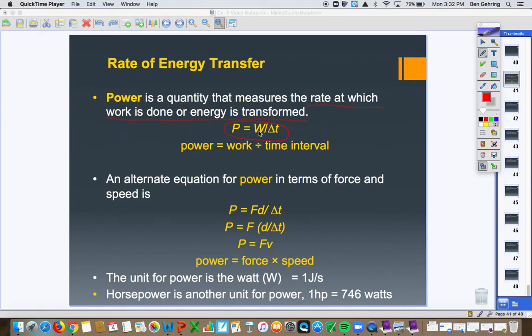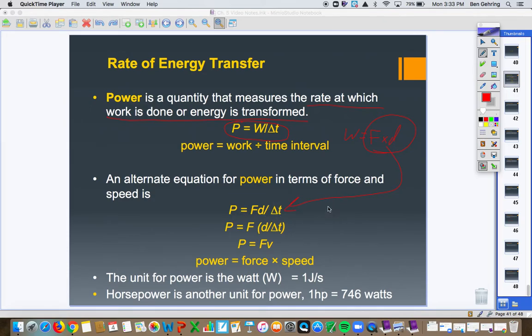Now, we have a couple different ways we can look at this equation in terms of force and speed. For example, we know that power is work divided by time. We know that work equals force times distance. So we can substitute this into the equation, and we get power equals force times distance divided by time.